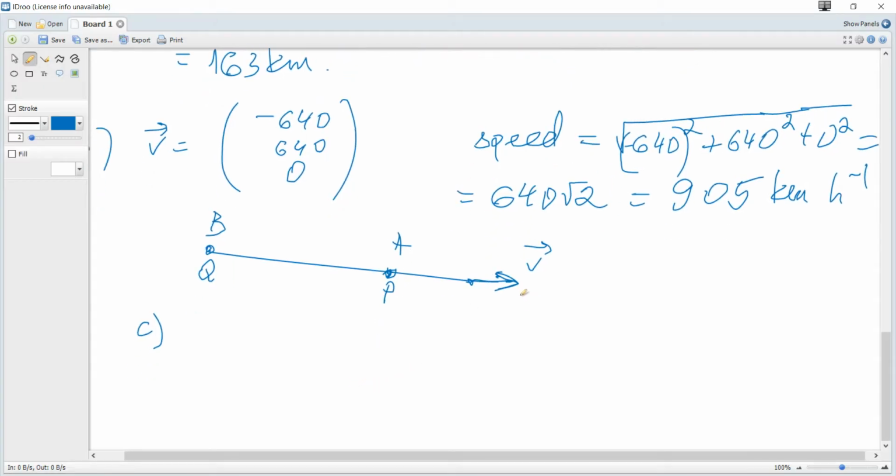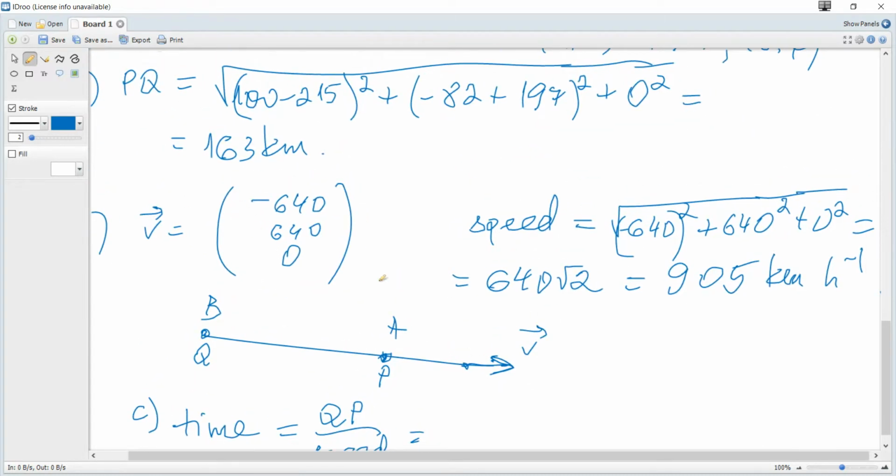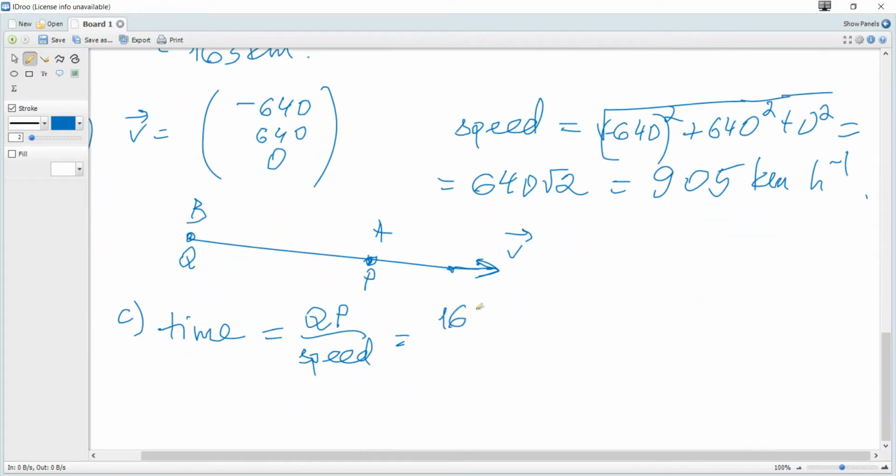So since they are moving with the same speed, there will always be this distance QP between them, and we just need the time required to travel this distance. So time is QP distance divided by speed. What is QP? It's the answer from before, 163 kilometers.